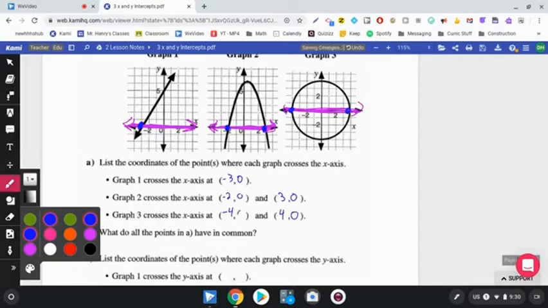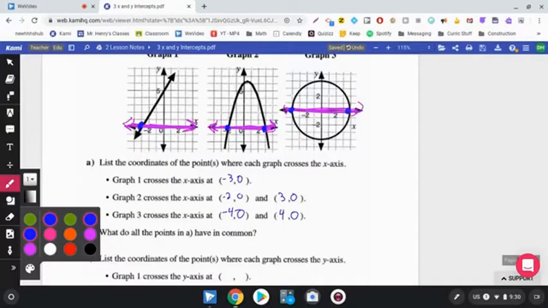So then the question becomes, what do all of those have in common? (-3, 0), (-2, 0), (-4, 0), (4, 0), (3, 0). Well, all of them have y equal to 0.